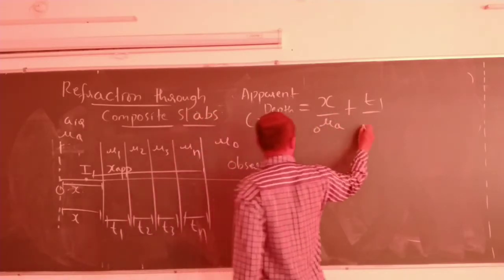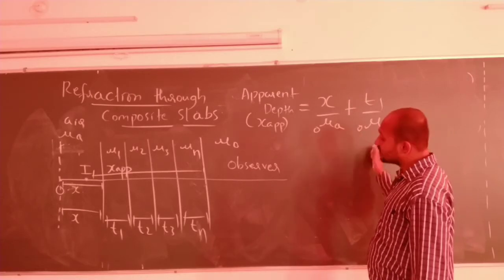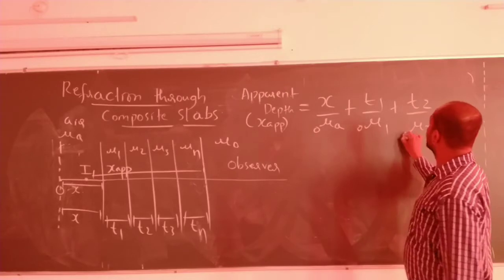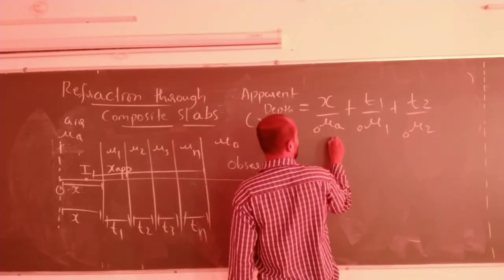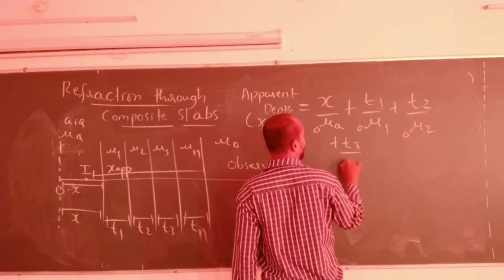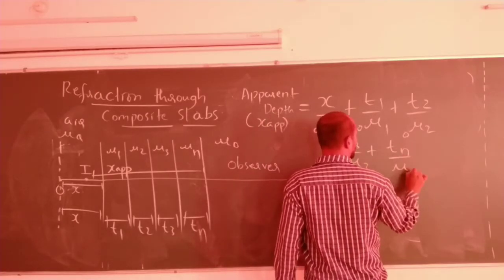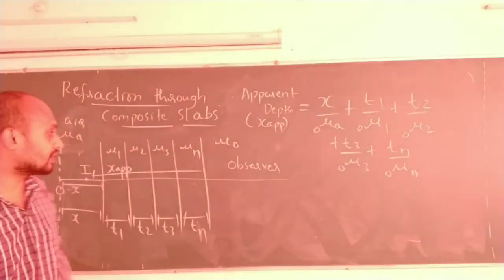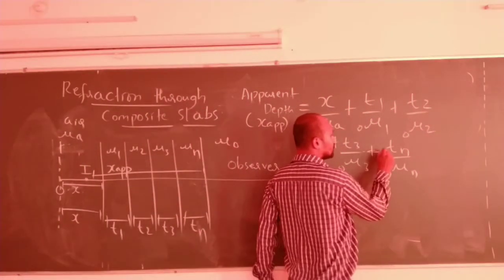It will be T1 divided by mu1 with respect to observer plus T2 divided by mu2 with respect to observer, then T3 divided by mu3 with respect to observer, plus Tm divided by mu m with respect to observer medium. Are you understanding this? It keeps on going like this.